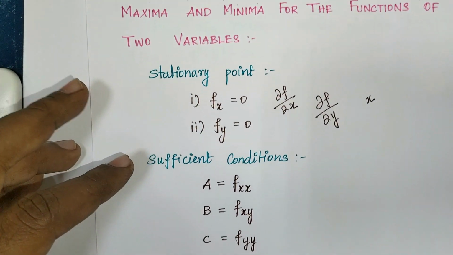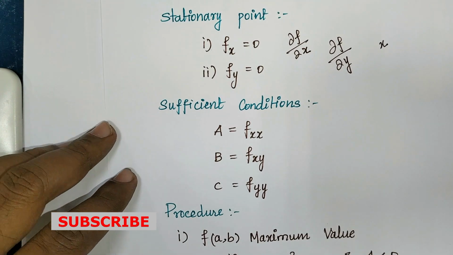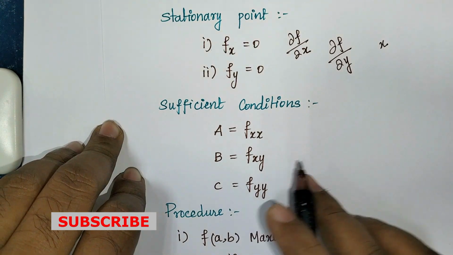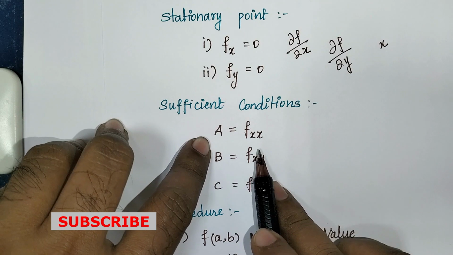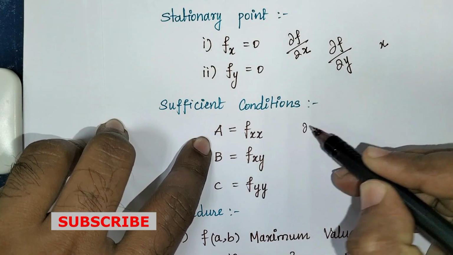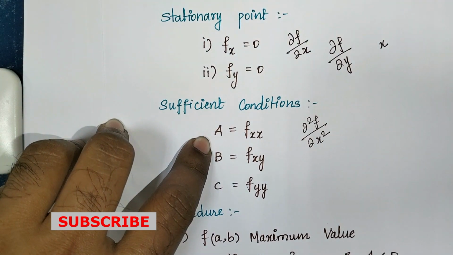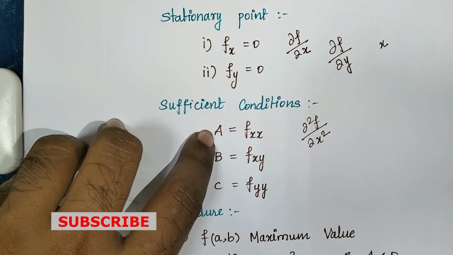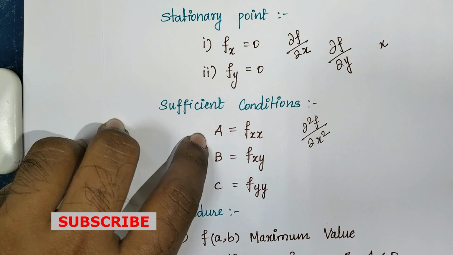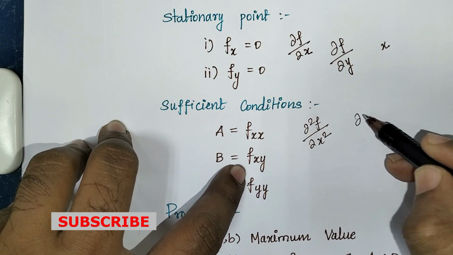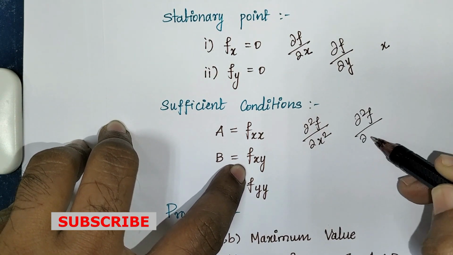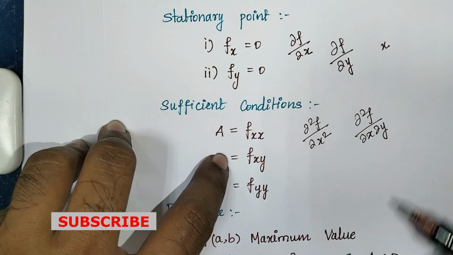Okay, then after the stationary point you should know the sufficient condition, that is f double x. f double x is nothing but the second derivative, dou square f divided by dou x square. We have to equate it to a. f double x is a. And b is dou square f divided by dou x dou y.